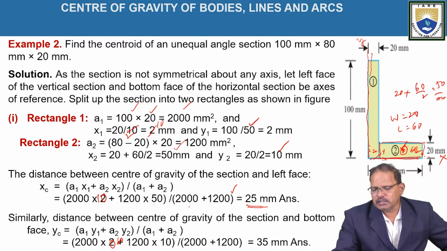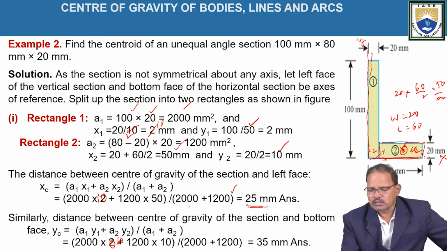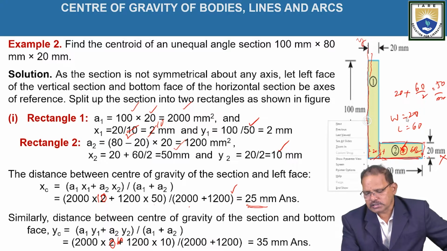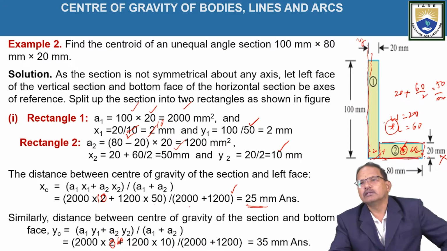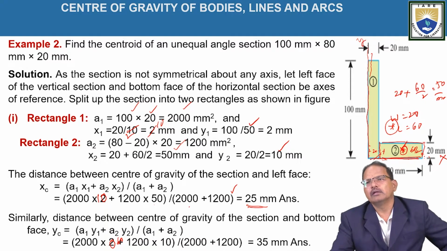That is, the center of gravity lies 25 mm from the y-axis and 35 mm from the x-axis. This point does not lie within the object. That means the center of gravity or the centroid may lie within the object or outside the object. It purely depends upon the geometry of the object.